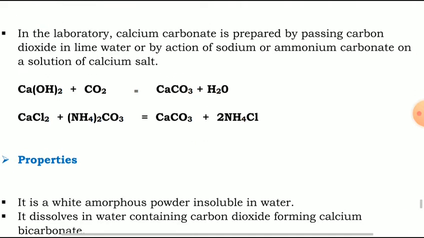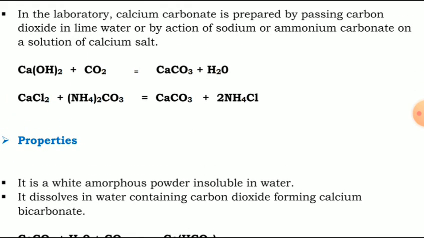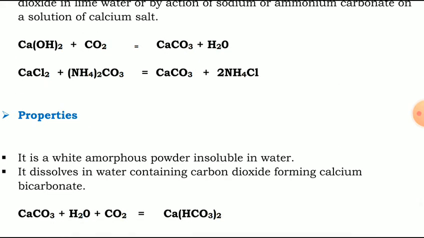Now the properties. It is a white amorphous powder, insoluble in water. It dissolves in water containing carbon dioxide, forming calcium bicarbonate. See the reaction: calcium carbonate reacts with water plus carbon dioxide, which gives calcium bicarbonate.